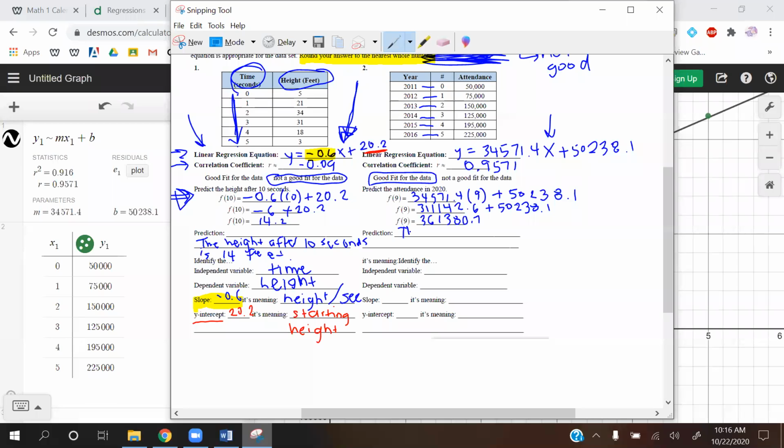The attendance in 2020 will be, we're going to round this to the nearest whole number, just like the instructions said, 361,381. Okay, we predict the attendance will be 361,381.